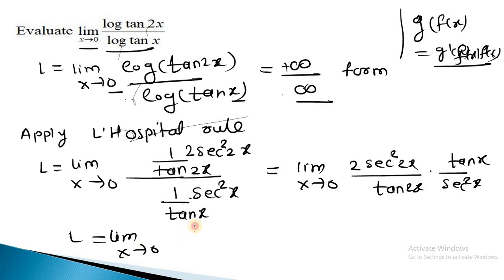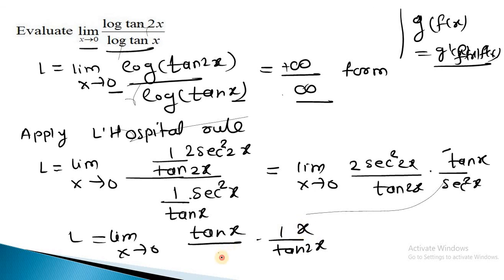This tan x term I take here, into 1 upon tan 2x, and I purposely multiply and divide by 2, and one more 2 is there, so I rearrange into 2 sec square 2x upon sec square x.